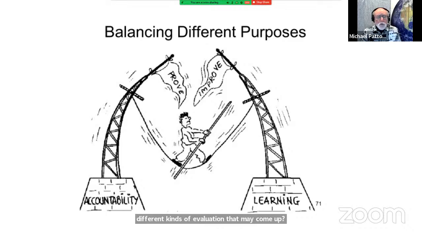We have also noted now that there are a great many more kinds of evaluation than simply these 6 purposes. I just finished teaching a course at Claremont Graduate University on comparative evaluation theory.